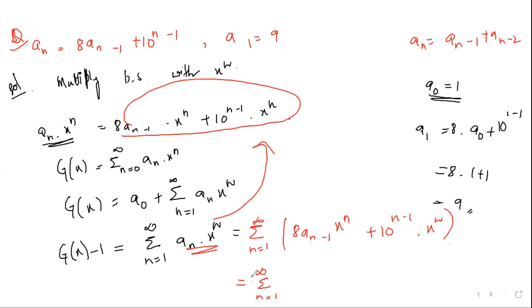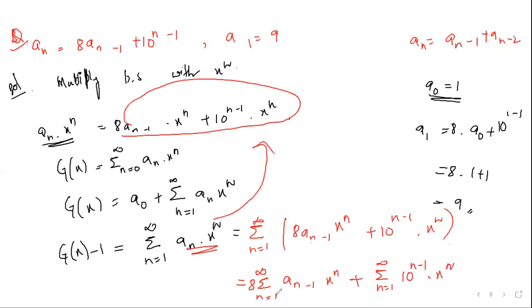8 is a constant, so let's take it over here. 8 times the sum from n equal to 1 to infinity of a_(n-1) x^n plus the sum from n equal to 1 to infinity of 10^(n-1) x^n.